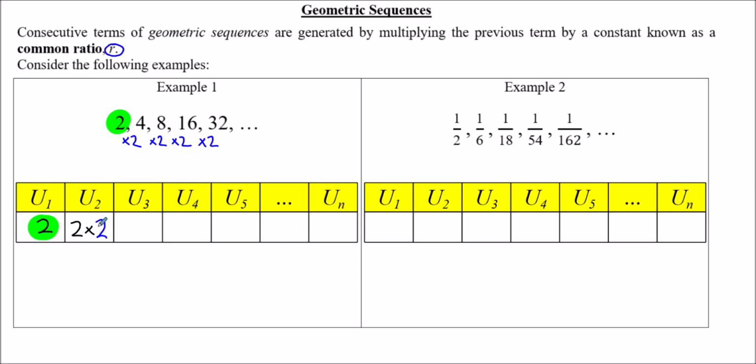So that's 2 times 2 times another 2. That's 2 times 2 squared. The next one, 16, you can think of that as 2 times 2 cubed. U5, 1, 2, 3, 4, 5. That's the first term. I have times by 2, 1, 2, 3, 4 times. That's 2 times the ratio to the power 4.